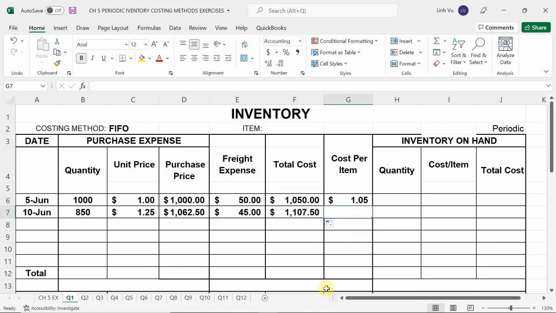Now, of course, because we are using FIFO, we need to keep our batches separate, so we need to calculate our cost per item.